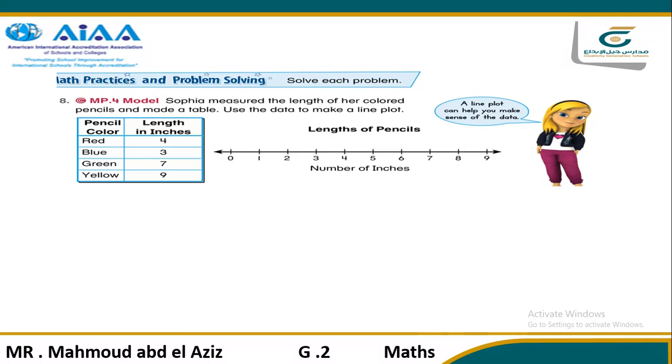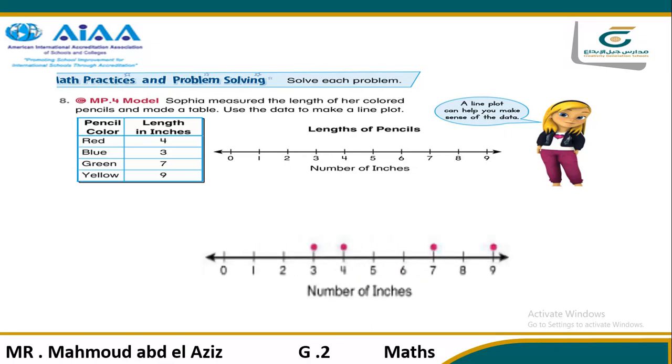The length in inches for the red pencil is 4 inches, and for blue it's 3 inches, and for green 7, and for yellow 9 inches. So you can put plots here on our number line, like this number line. So we have here 4 numbers, 4 and 3 and 7 and 9.